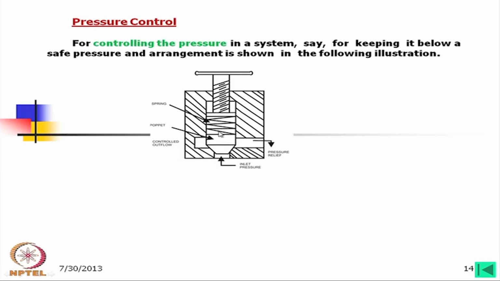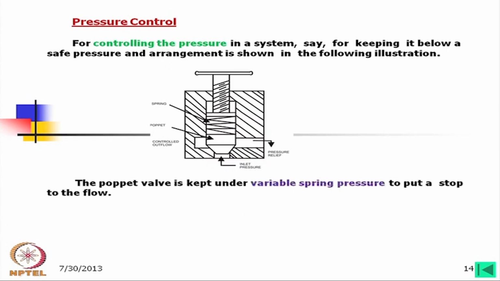The length of this spring again can be controlled by a screw. So, what happens is when there is a certain pressure, only then this opens and fluid can go out, otherwise normally this flow is going to the system. So, this is the basic concept of a pressure relief valve.